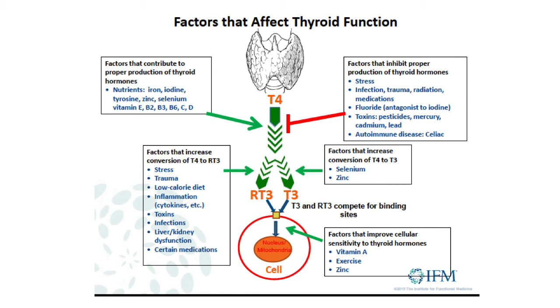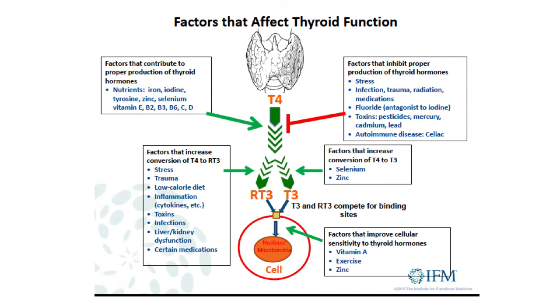Things that will have a negative effect will tend to be stress, whether it's illness or emotional stress, toxins, including fluoride, pesticides, mercury, okay? Factors that also limit the activation of T4 into T3 are going to be nutritional deficiencies, such as selenium and zinc. And these are fairly common deficiencies, so they're going to impact.